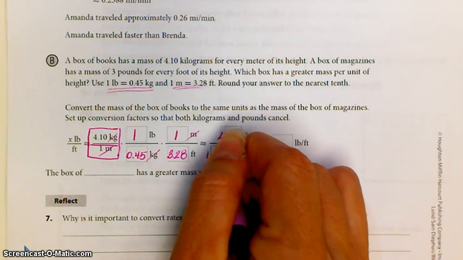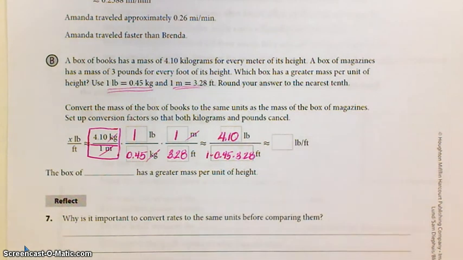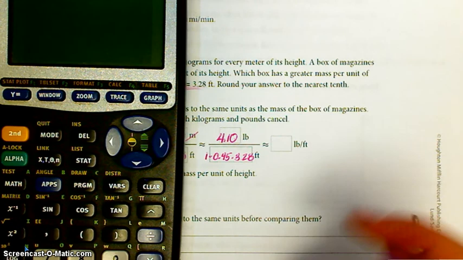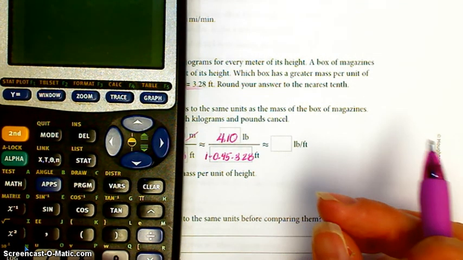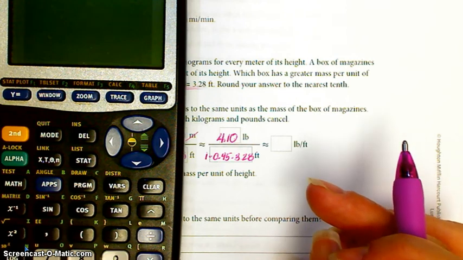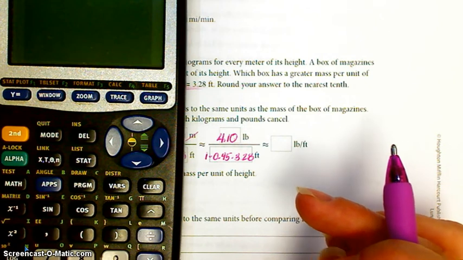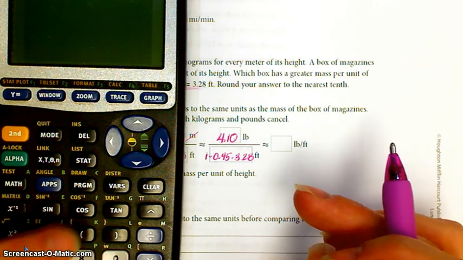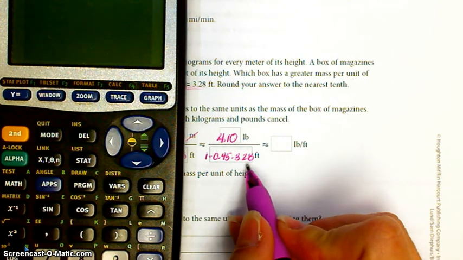1 times 0.45 times 3.28. Grab a calculator. Okay, so 4.10 divided by, put these in parentheses, 1 times 0.45 is just 0.45 times 3.28.